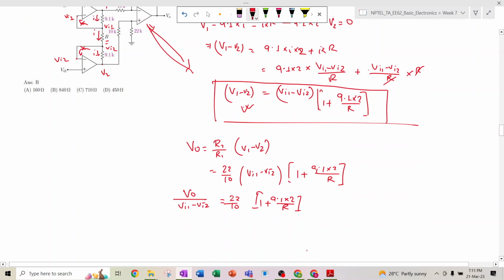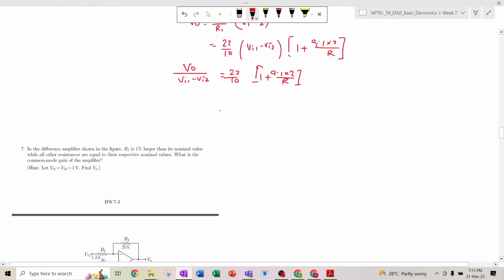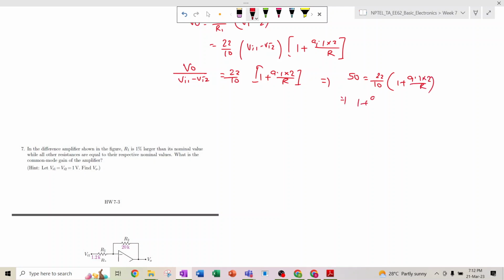And now this gain VO divided by Vi1 minus Vi2 should be 50. We should get a magnitude of gain of 50. So from here, 50 is 22 divided by 10 into 1 plus 9.1 into 2 by R. So 1 plus 9.1 into 2 by R is equal to 500 divided by 22.